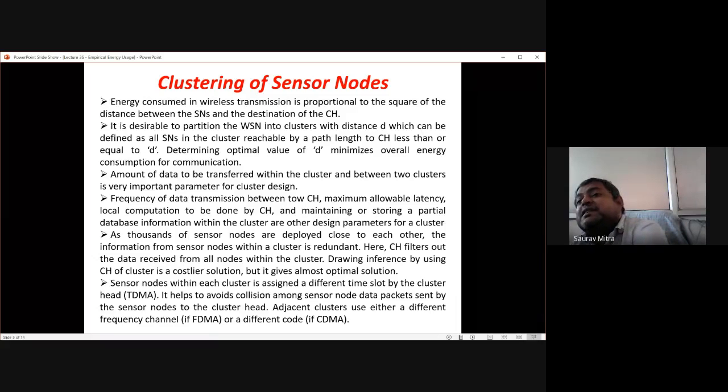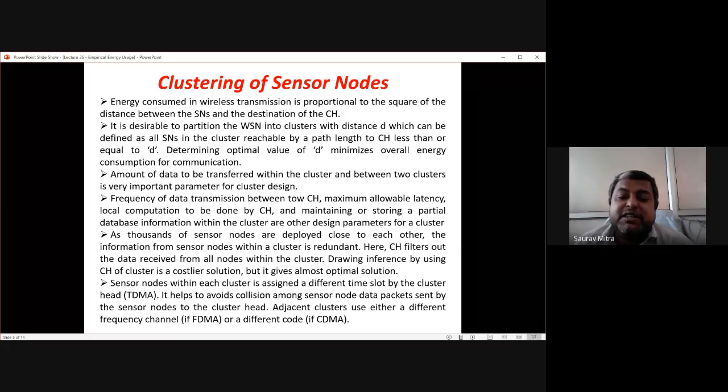And one cluster head will talk directly to the cluster head of the next cluster. A cluster head is not going to talk to the sensor nodes of the next cluster; it will talk to the sensor nodes only within its own cluster. The data transferred from the cluster head to the sink node happens through two different cluster heads. This is a very important type of communication, a kind of hotline based communication.